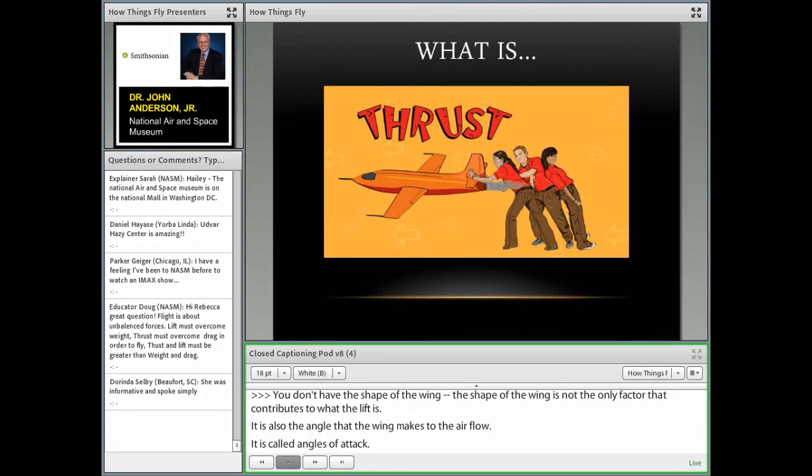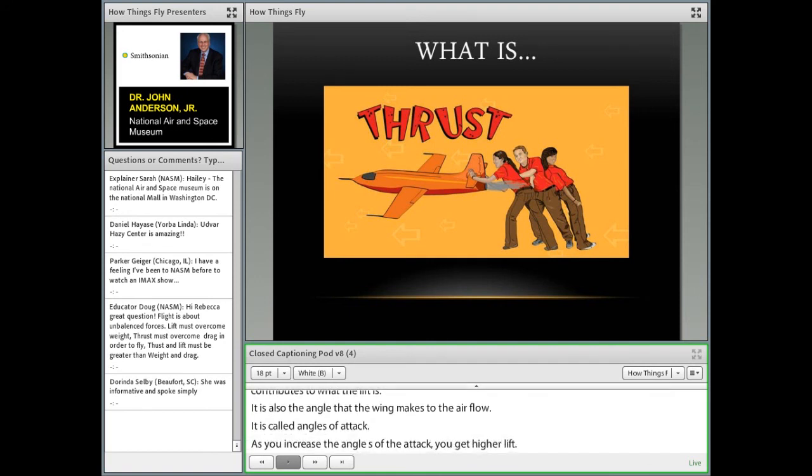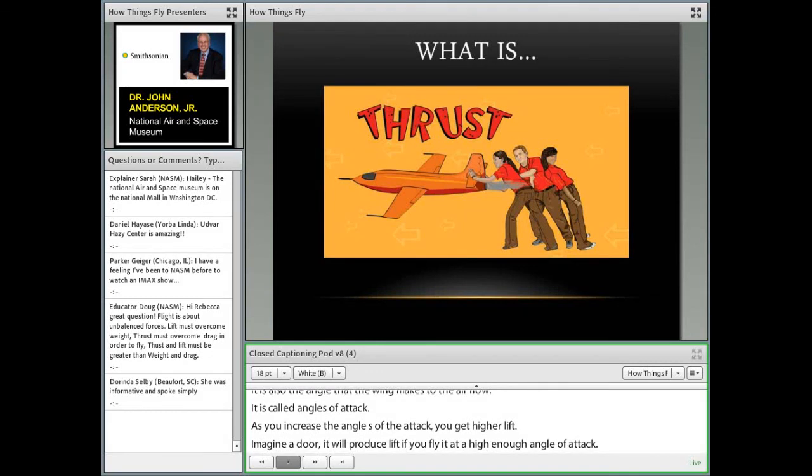Imagine a barn door. A barn door will produce lift if you fly it at a high enough angle of attack. Why don't we fly around on barn doors? Well, there's another aerodynamic force called drag that we have to be concerned about, and the aerodynamic drag on a barn door is humongous.